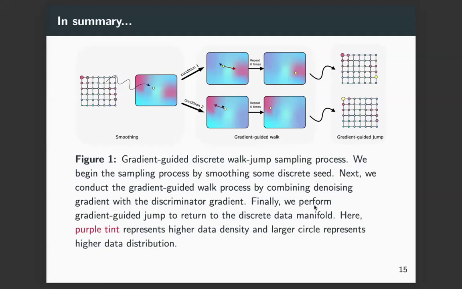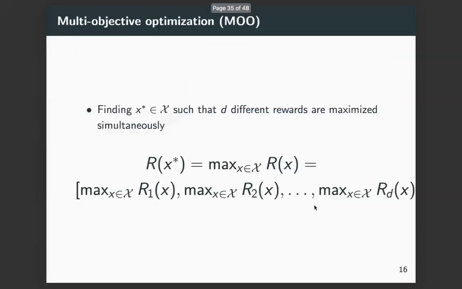And then we will have this gradient guided walk. And then finally, with the gradient guided jump, we will jump back to hopefully the yellow dots, because those are the bigger dots, and those are where we want to be. And with different gradients, that is with different quality of the attributes, you can be on the left-hand side of the pink zone or the right-hand side of the pink zone. So that's what our discriminator gradient will do.